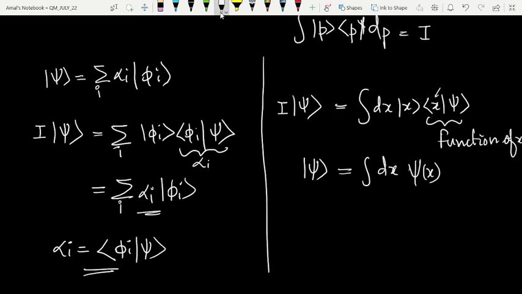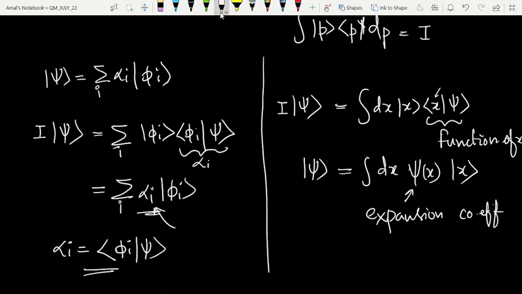psi of x. So similar to the discrete case, where alpha was an expansion coefficient for this abstract vector using basis vectors, here also this psi of x, this function of x, is an expansion coefficient when we expand this abstract vector in continuous basis.